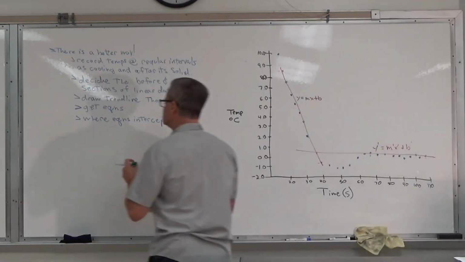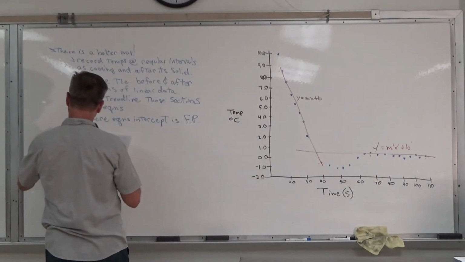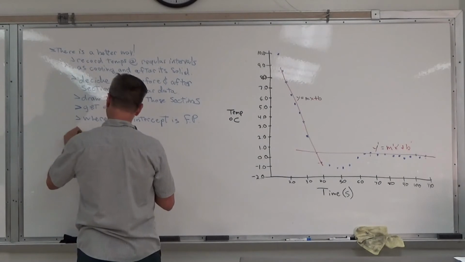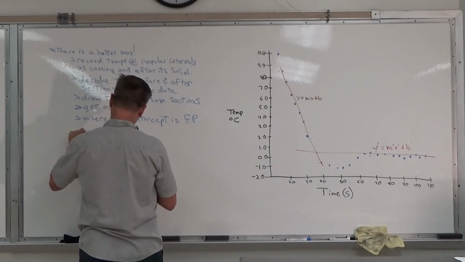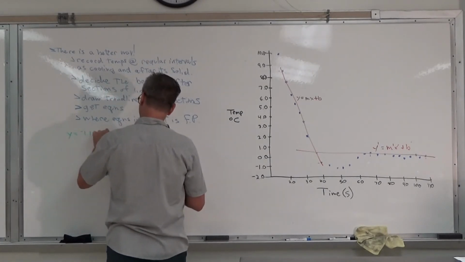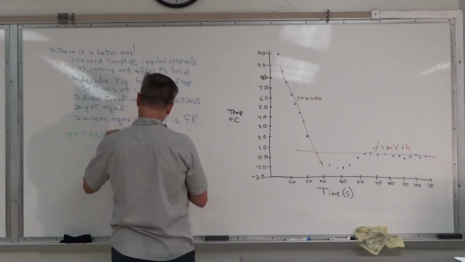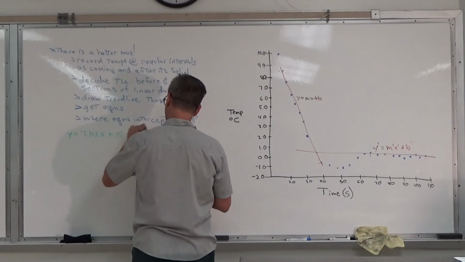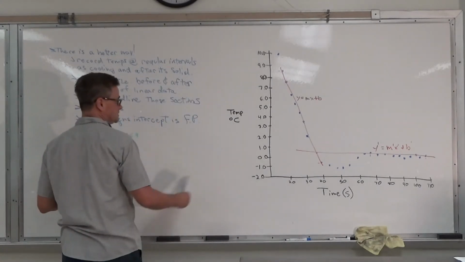Now let's pretend these were our equations. It's going to have a negative slope, right? Y equals minus 0.112x plus 15.164. Say that was the first one.